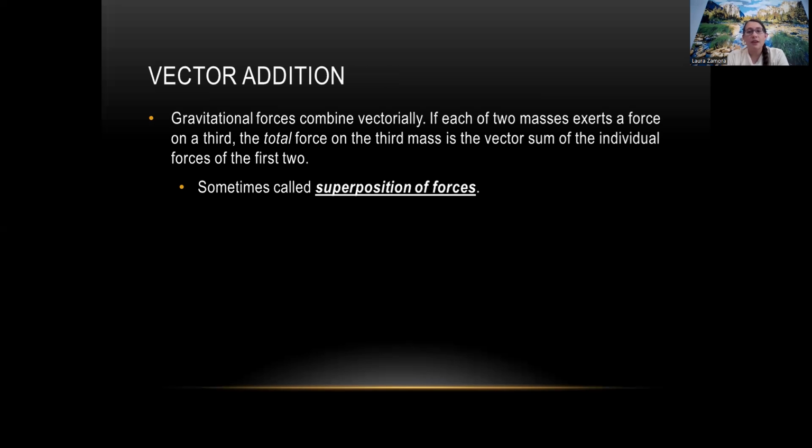If each of two masses exerts a force on a third, so let's say we're talking about the sun, the moon, and the earth, three objects in space, and the sun and the earth are both pulling on the moon in some way, then the total force of gravity on the moon would be the vector sum of the force of gravity from the earth and the force of gravity from the sun.